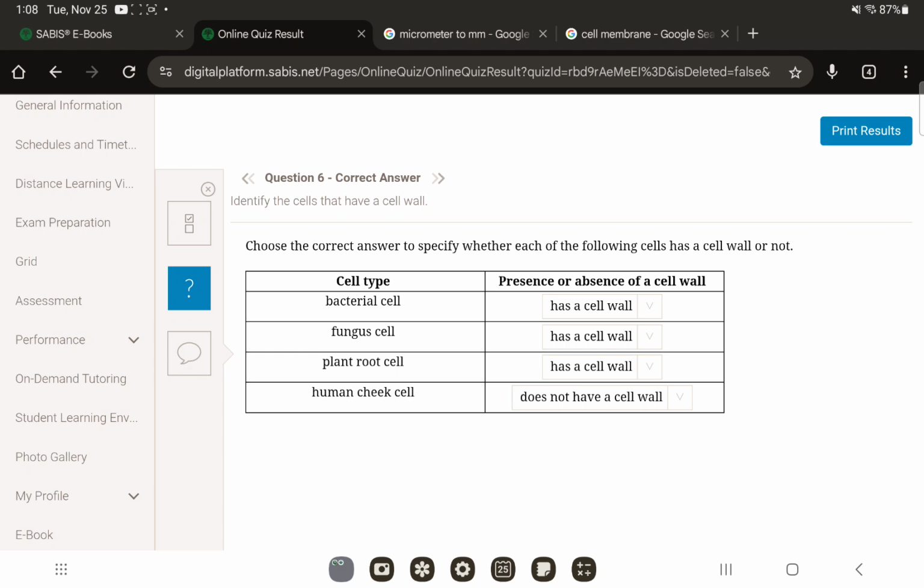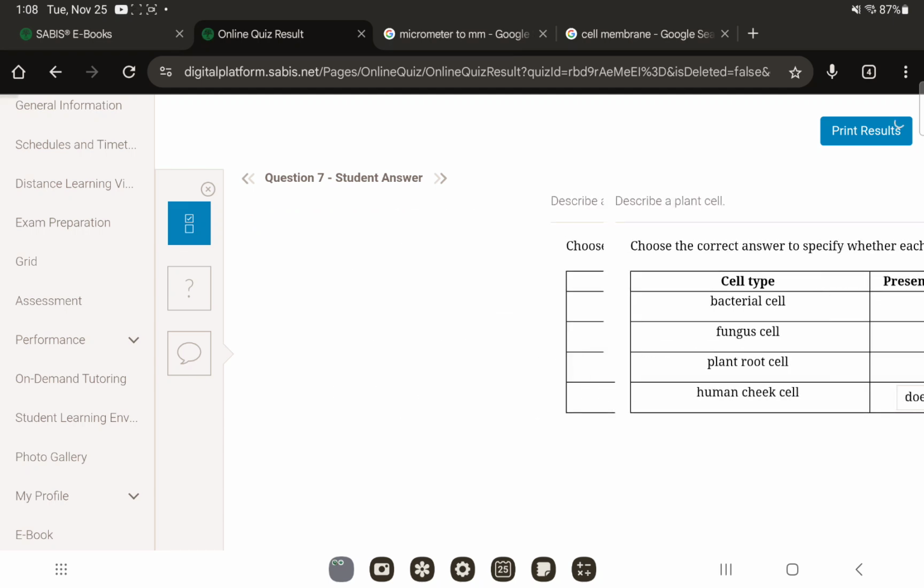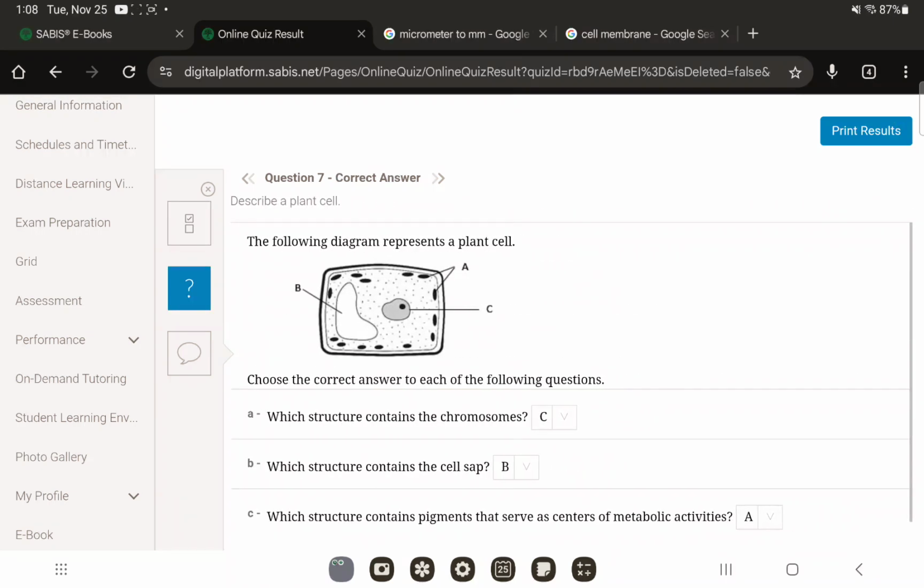So that includes plants, fungi and bacteria. So bacterial cells, fungus cells, and plant root cells or any plant cell have cell walls. But a human cheek cell does not have a cell wall because human cells don't have cell walls, and neither do animal cells, but that's a different topic.